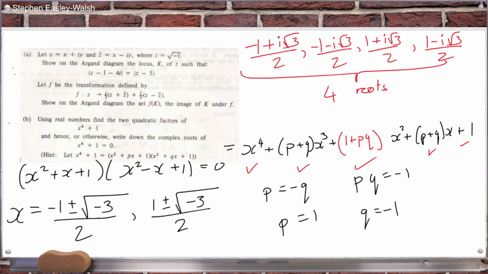That didn't quite work. Perhaps I made a mistake. Yeah, no, that's right. And that's right. Okay, and then I check the other one. That's right. That's right. Okay.